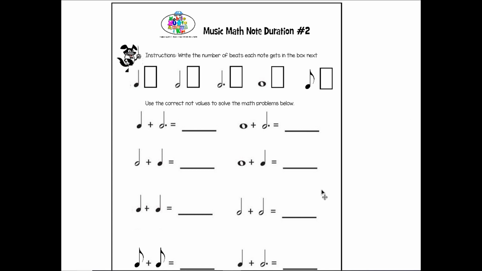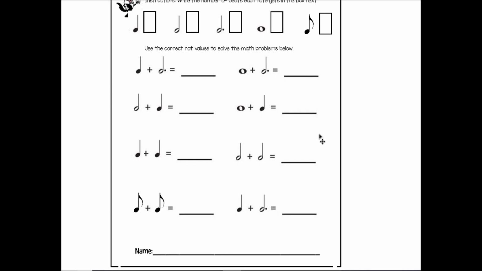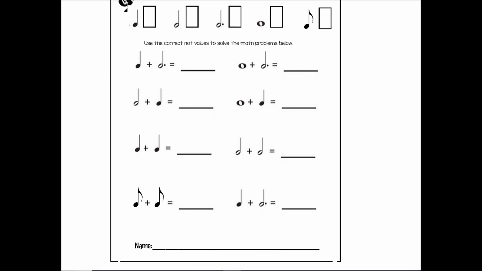I'm going to move it up here. Now the next one is a little tricky. But you guys are pretty smart. That's why I gave it to you. What type of note is this? 8th note. And it gets how many beats? 1/2 of the beat.